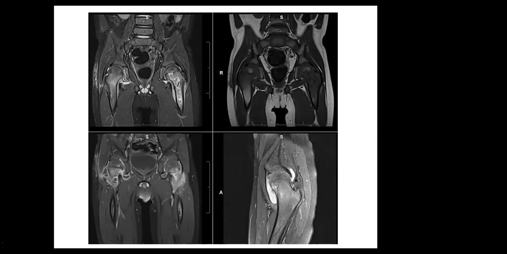Yeah, so your further management, as radiologists, we don't give antibiotics. Our role as radiologists is actually to inform the referring physician about these urgent findings. So normally we call them and give a verbal report that the MRI scan is showing septic arthritis and osteomyelitis of both hips and both femora.